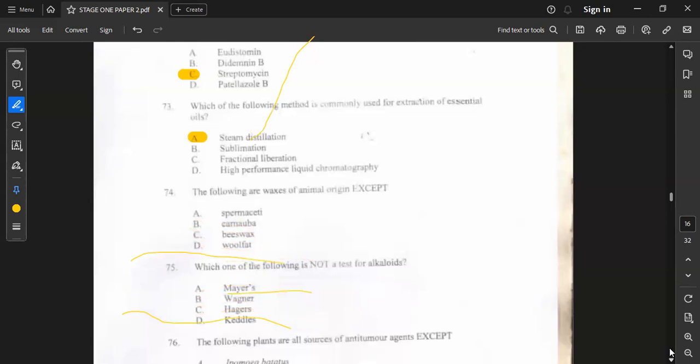Most are toxic if ingested, hence are mainly used topically if used as drugs. Okay, for 74, the answer is B.